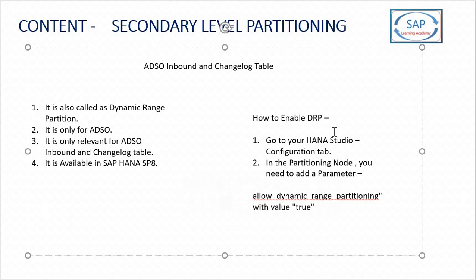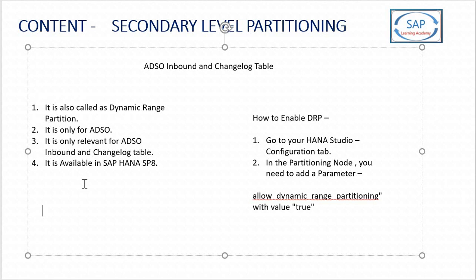And how can you enable this dynamic range partitioning? You have to go to your HANA Studio, then visit the configuration tab, and there you can find the option called partitioning node. There you have to add the parameter allow dynamic range partitioning with value true. If you do that, then in your system all the ADSOs will be allowed for this dynamic range partitioning.